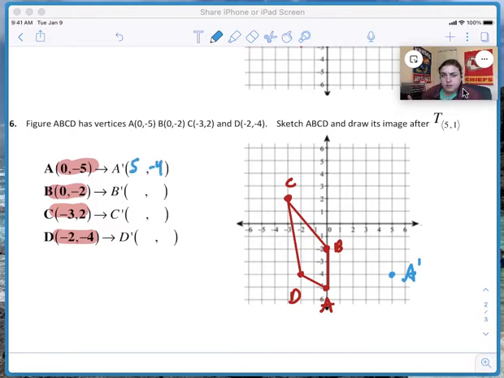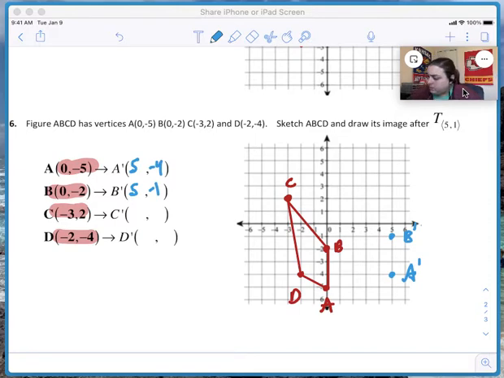Let me do the same thing with B, and then I'll use the method we used above with C and D. So again, here with B, I'm taking each point and moving it to the right 5 and up 1. So 1, 2, 3, 4, 5, up 1. Call it B prime. And this point right here is 5, negative 1.